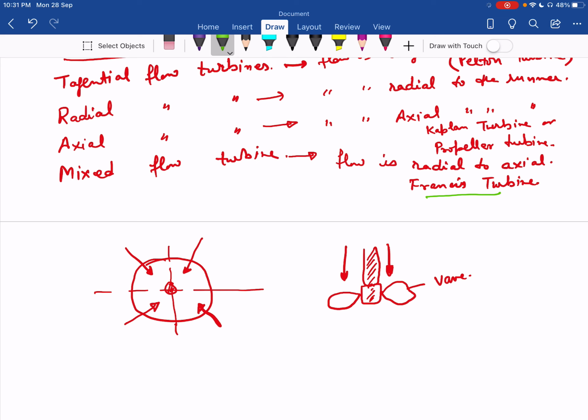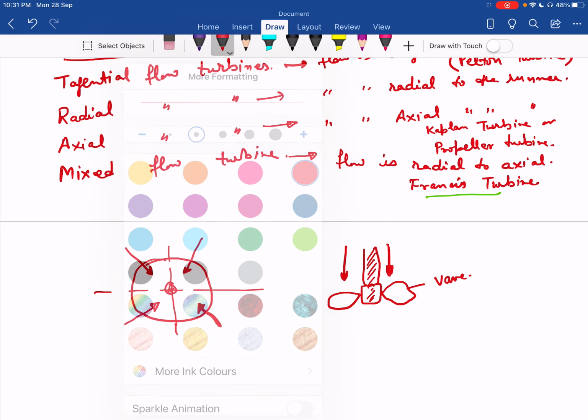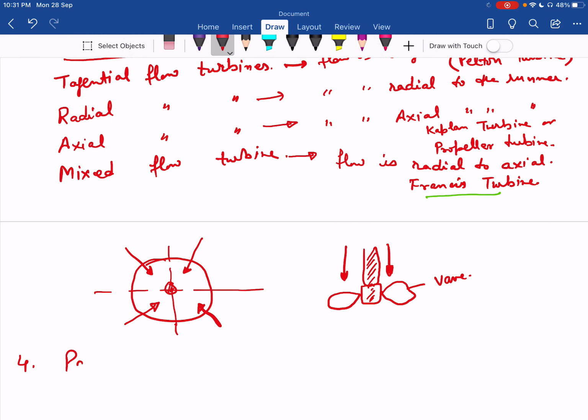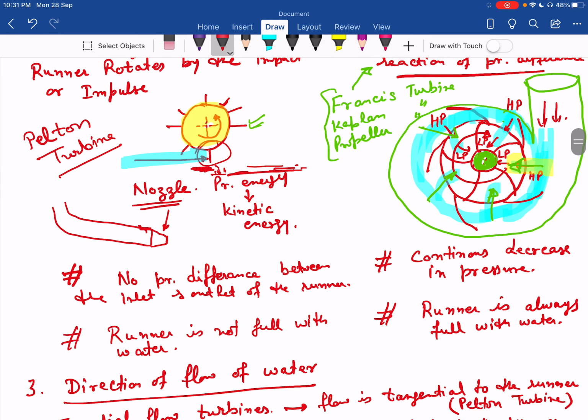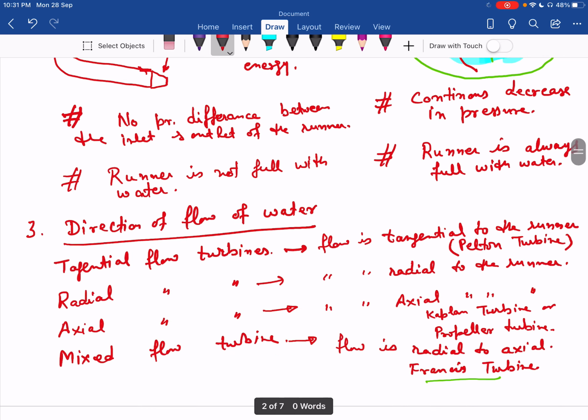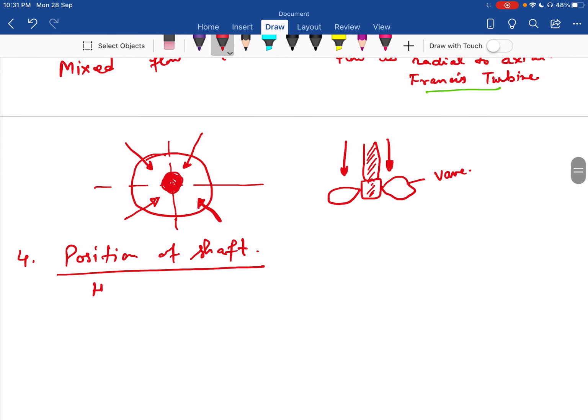Then the next classification is on the basis of position of shaft. Position of shaft means this shaft on which our runner is mounted. So this shaft you can see over here on which the runner is mounted. This shaft may be horizontal or it may be vertical.